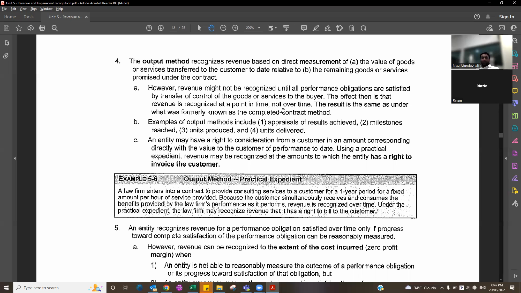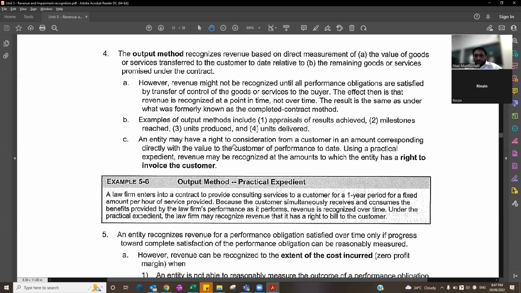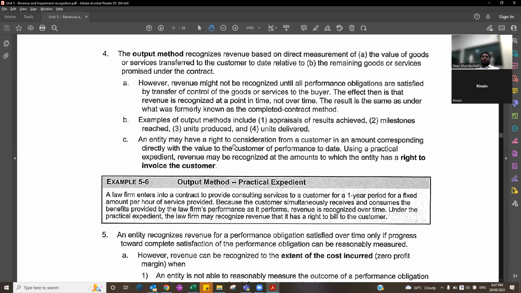Okay. Now, examples of output method include appraisal of results achieved, milestones reached, units produced, or units delivered. Now, an entity may have a right to consideration from a customer in an amount corresponding directly to the value to the customer of performance to date.